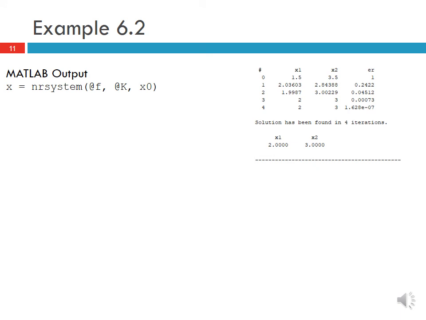So using the function nr system that I have prepared in MATLAB, you can see that the method converges after 4 iterations to our expected roots of x1 is equal to 2 and x2 is equal to 3.